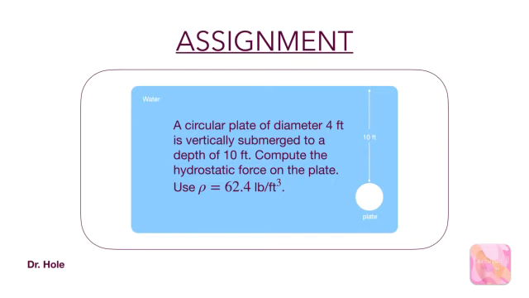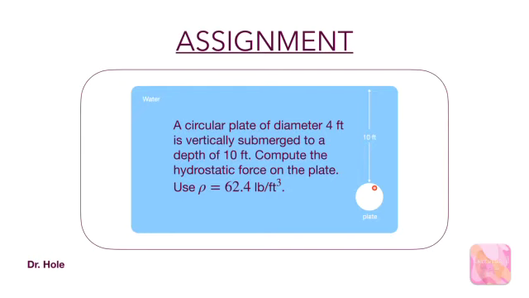Now, here is an example for you to work on. We have a body of water. We're going to submerge a plate vertically so that the top of the plate is 10 feet from the top of the water.